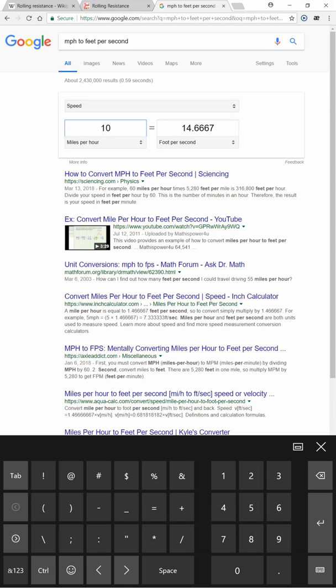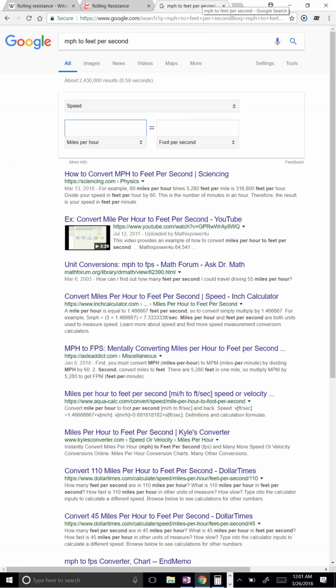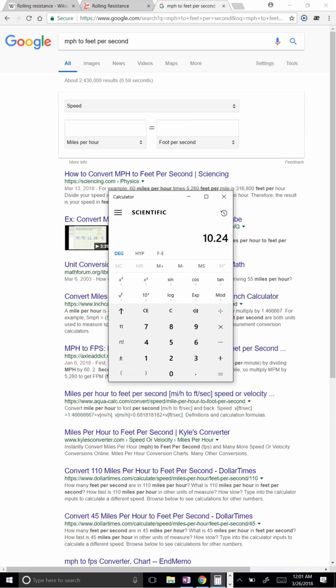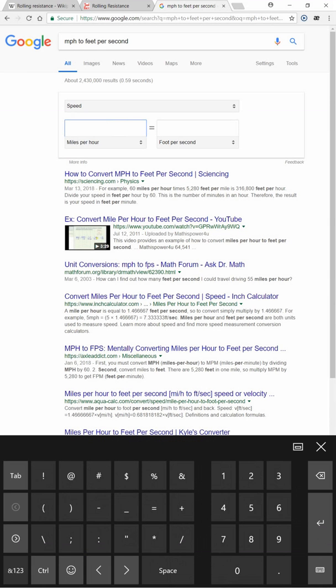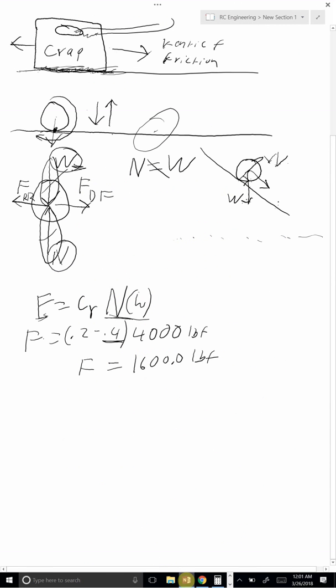Yeah, let's change it so now it's an RC car. We could change it so it's a car tire on loose sand. Let's just say that we're on the beach with our Praxis or whatever. So let's say we were going 25 miles an hour. That's 37 feet per second. So let's change this. Let's just say 37 feet per second.